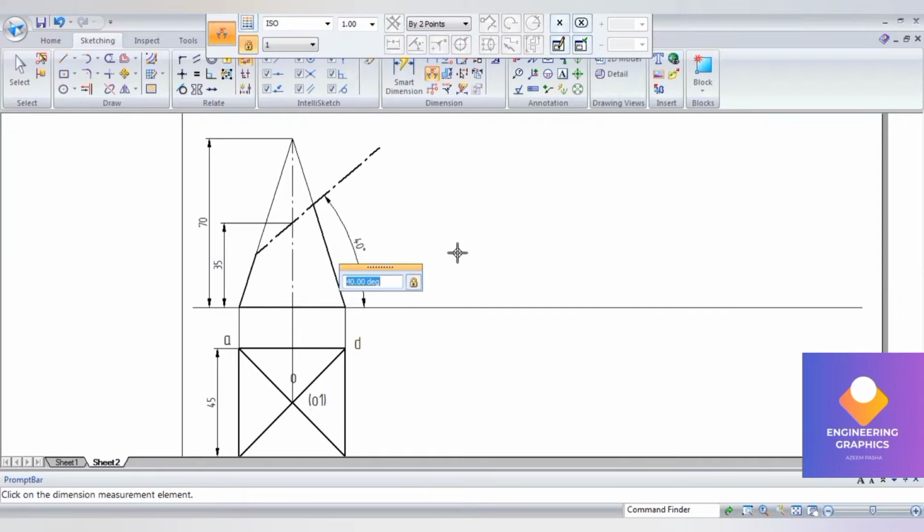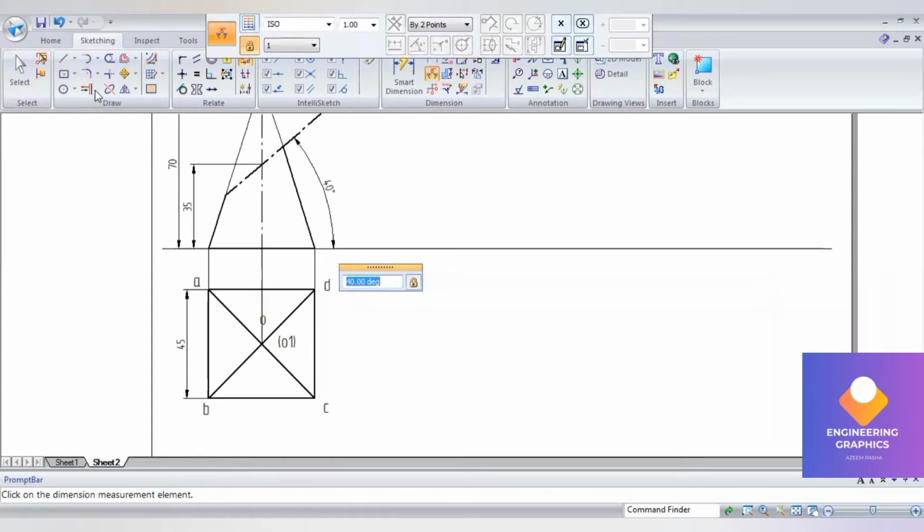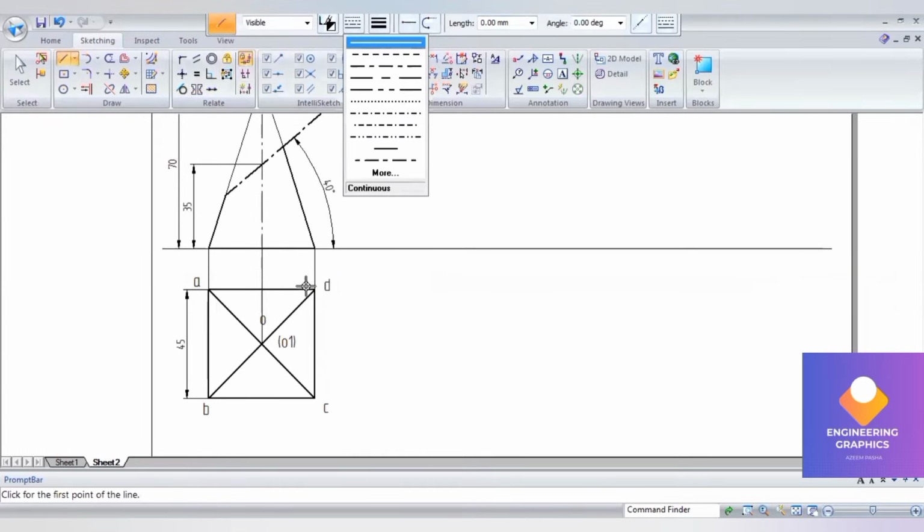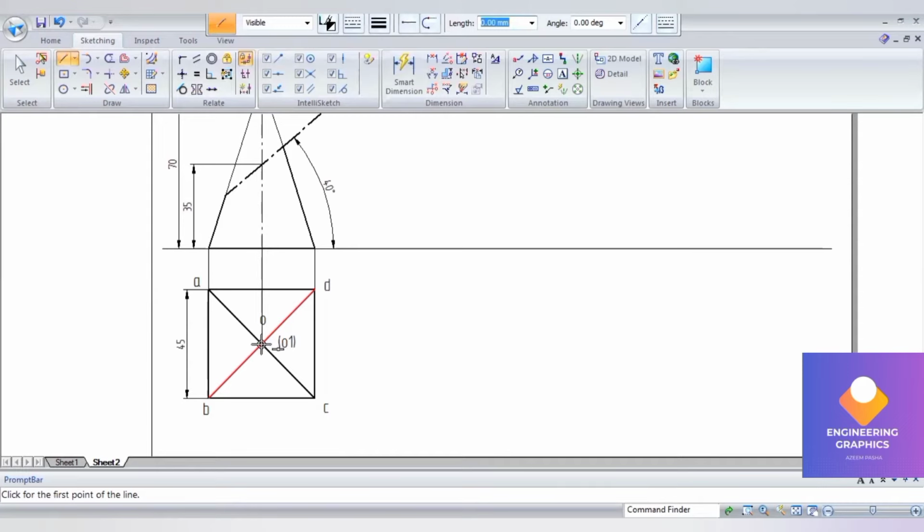Now in this problem you can see in the top view that none of the slant edges are parallel to the HP. That means we should draw one parallel line here separately. Then we have to draw another slant edge here. That's what we have to do here.